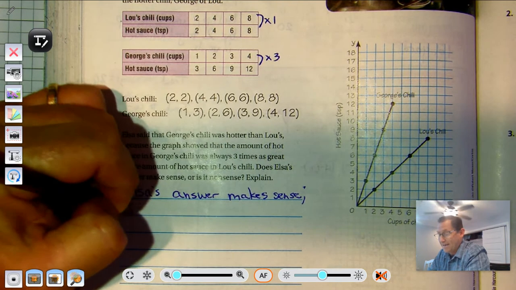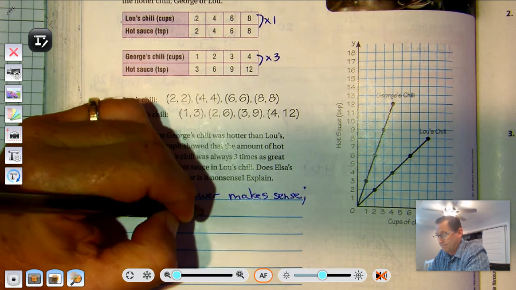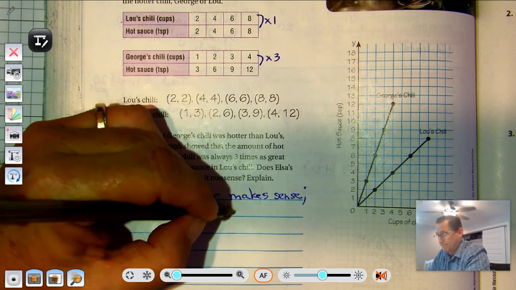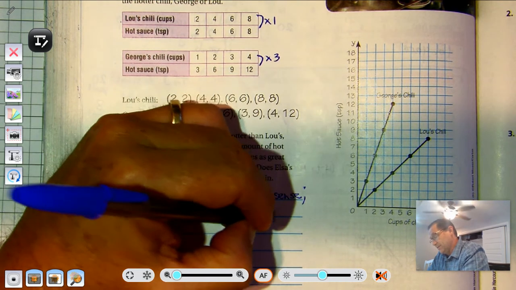So for any x coordinate, the y coordinate is 3 times as much.